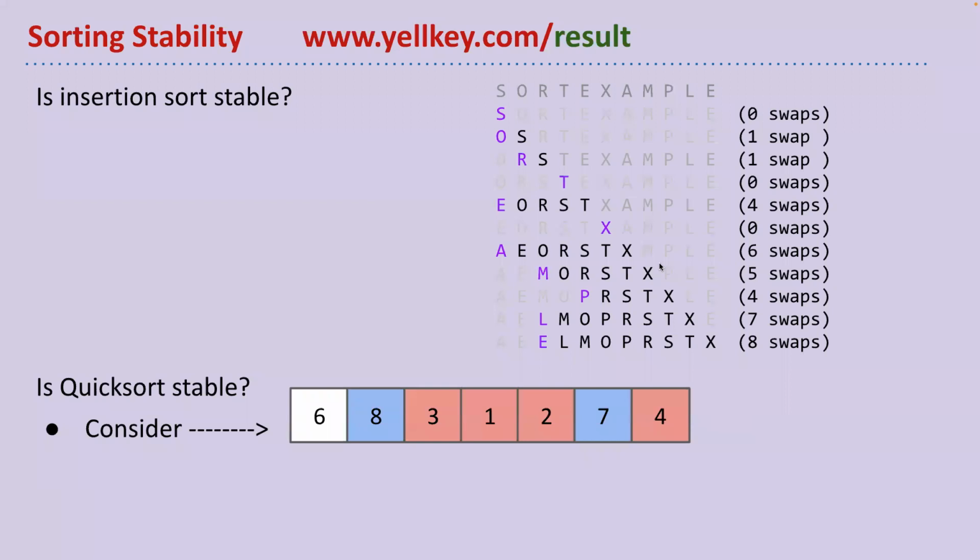So question for you, just to see if you can feel it out. So I'd like you to think about, my question might only have one of these two. So is insertion sort stable? And is quicksort stable? So I just want you to think about those two problems for a second. So I think I messed up on the Yell key and it only has one of them. Give it a shot.